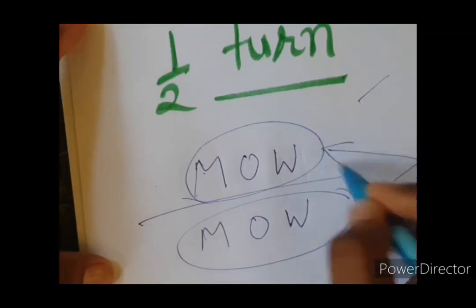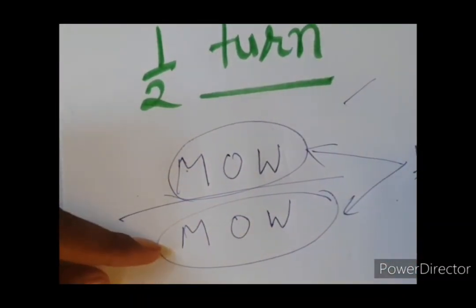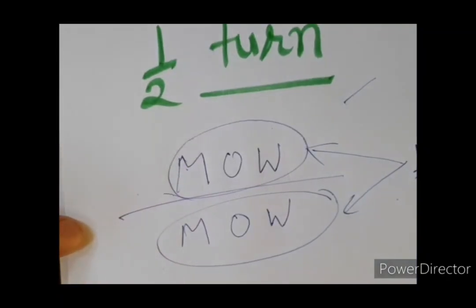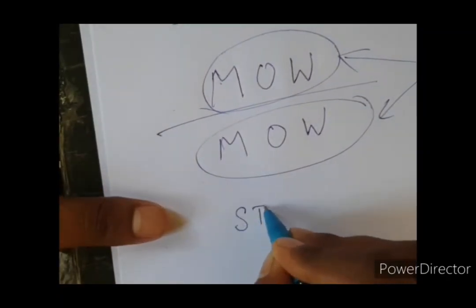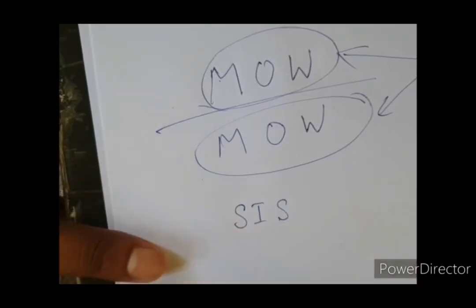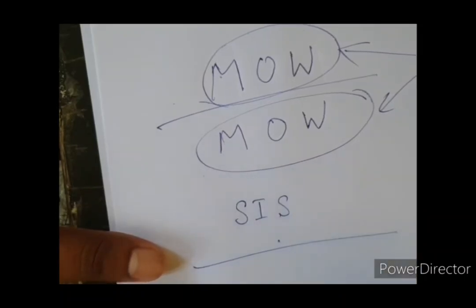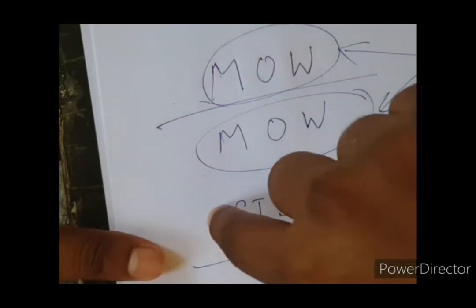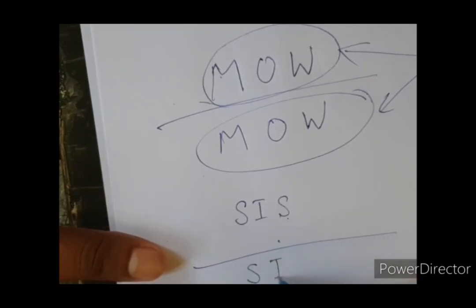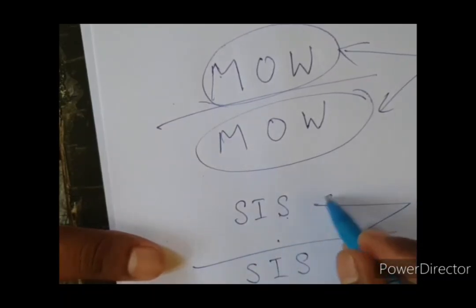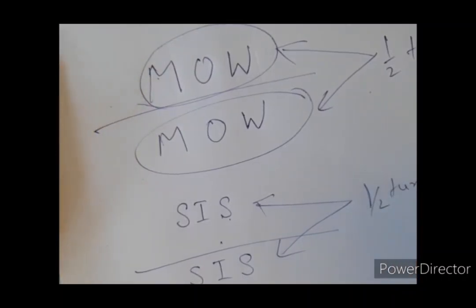So this is a word which reads the same on a half turn, right? Let's take another example: SIS. When we make a half turn of this word, imagine you are rotating it, this S will come here, then I, and then S. SIS. Again it will read the same on a half turn.